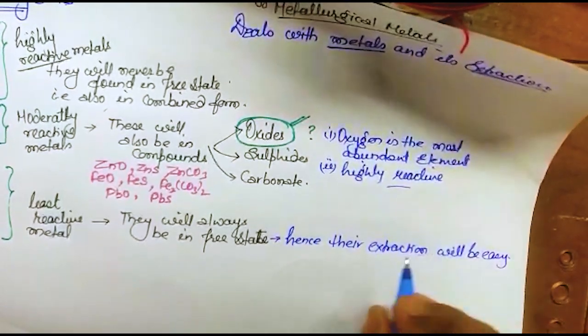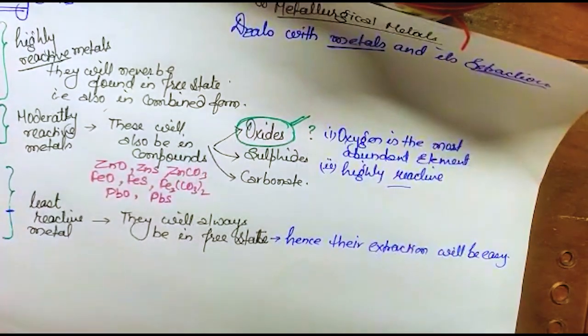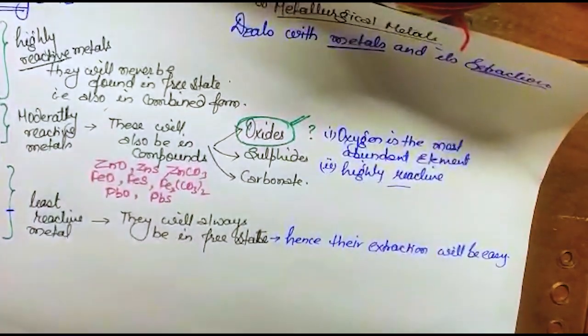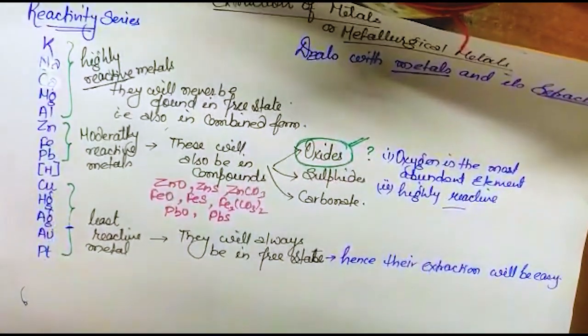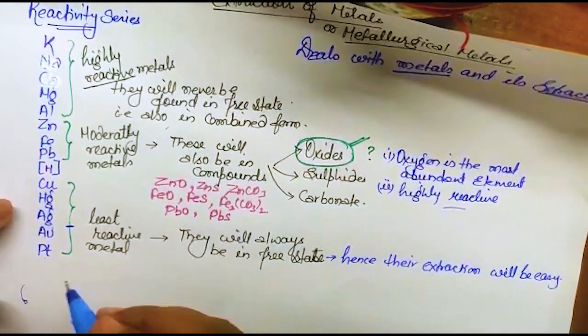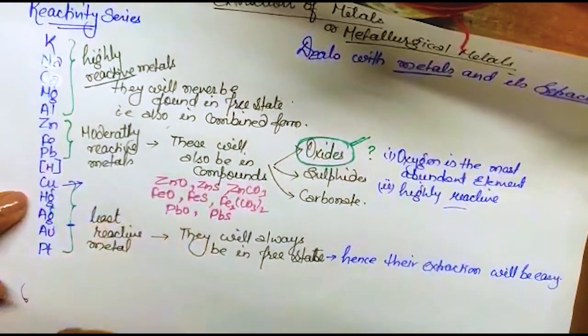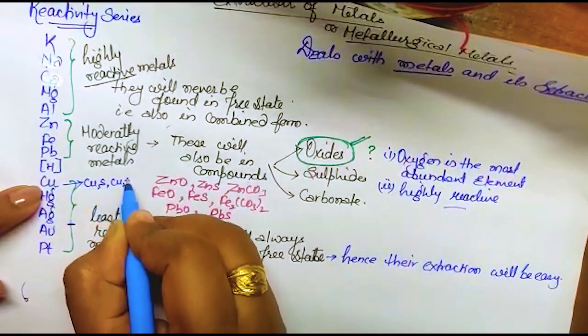Got it? But if we see these three, copper, mercury and Ag, they are least reactive, but still they can react with oxygen and sulfur. You better know the examples: copper sulfide, copper oxide.